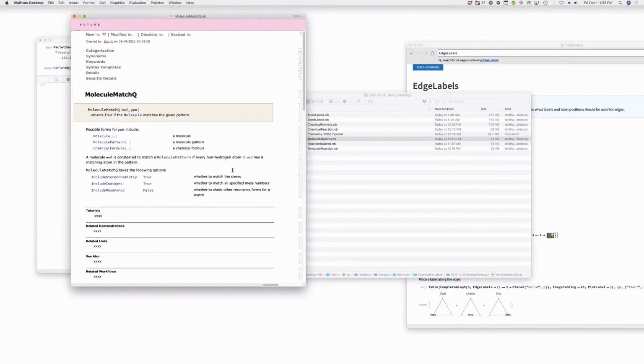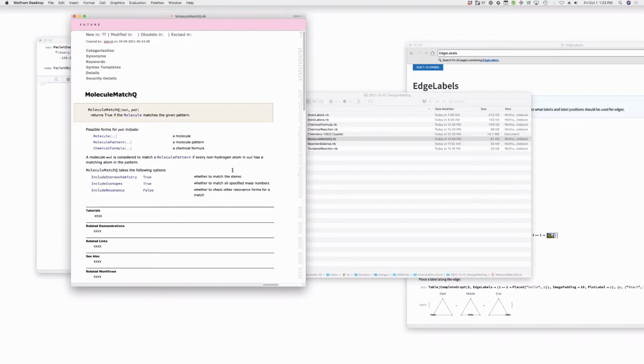Well, if that same test is applied on a pairwise basis, then I would do this. The only thing that MoleculeEquivalentQ does that MoleculeMatchQ doesn't is that it takes a whole list, a variable number of arguments, like SameQ. Well, we also have IsomorphicGraphQ, which I think is pairwise as well.